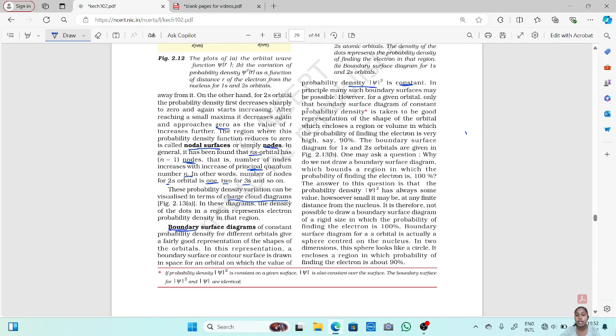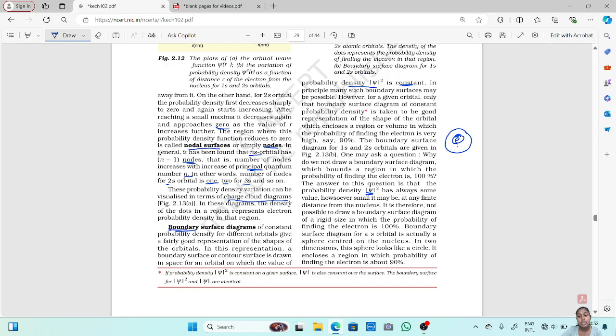The answer is that the probability density, that is psi square, always has some value, however small it may be, at any finite distance from the nucleus. Even within this range also you can get a probability.